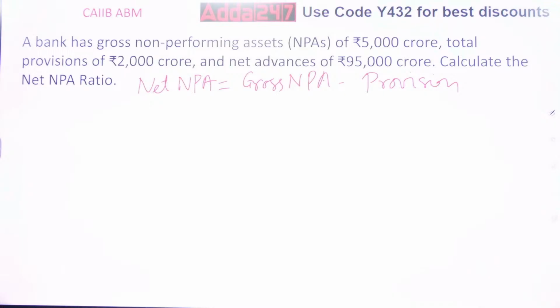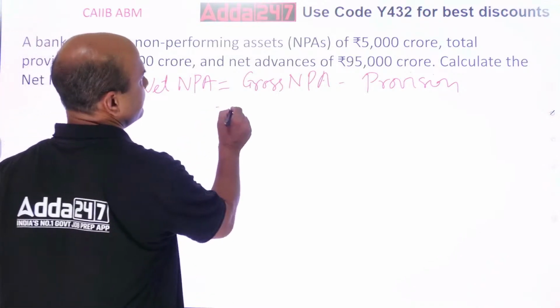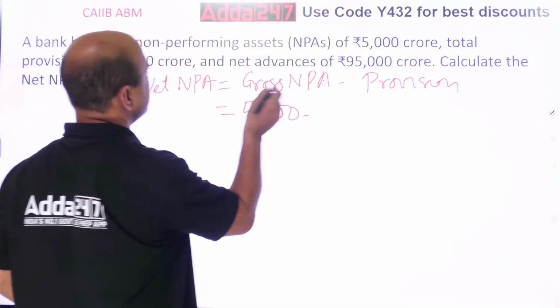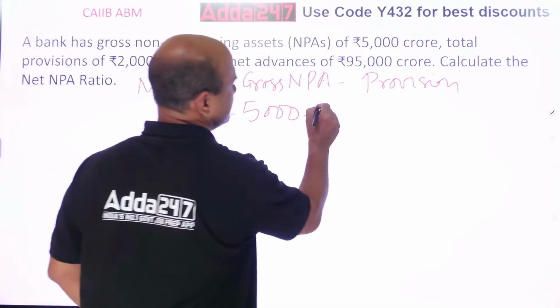Got it, everyone? So now let's solve this. What is given? Firstly, gross NPA minus provision. Gross NPA is 5,000 crore, and the total provision is 2,000 crores. So first find out net NPA: gross NPA 5,000 minus 2,000.